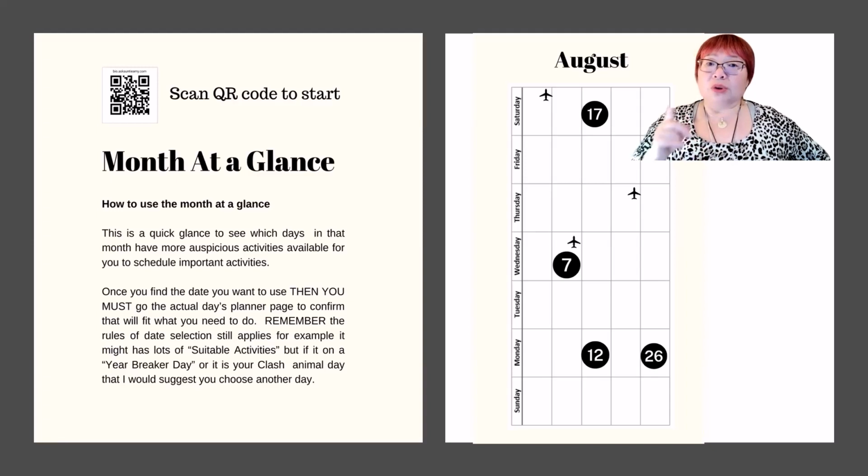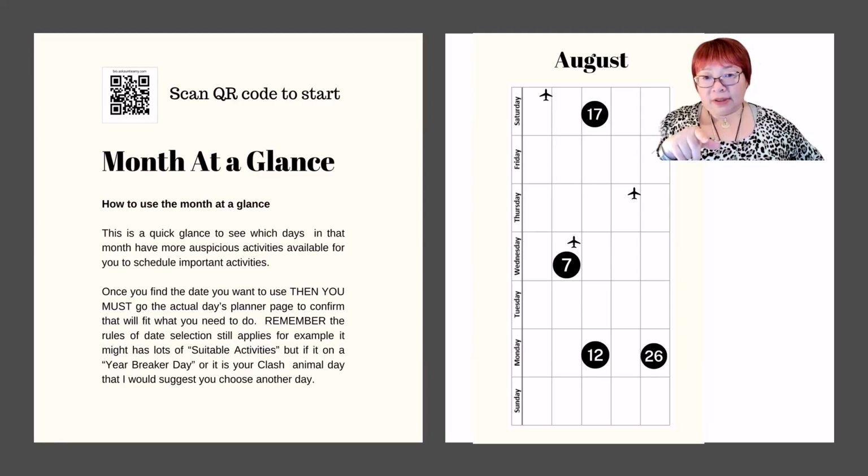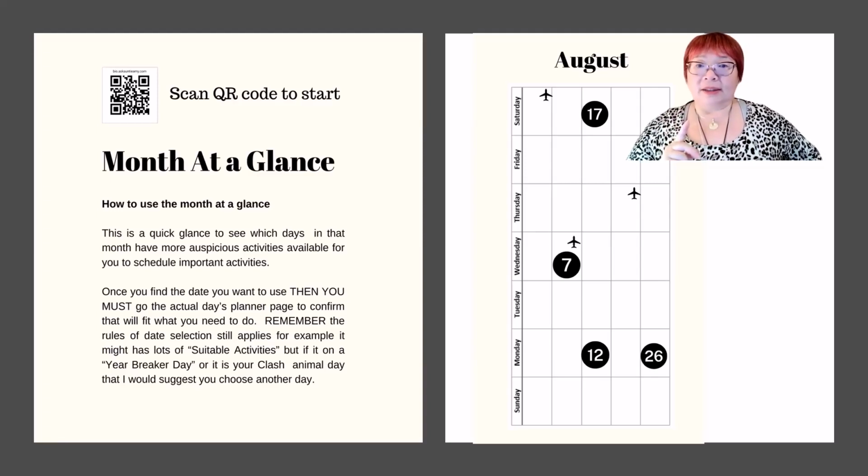But you still need to refer to those individual days in your planner to make sure they're all good. Okay. And then you see the little airplane, right? There's a little airplane on the Saturday, but there's no number on there. And then there's an airplane on the 7th. And then there's another airplane that there's no number. Okay.